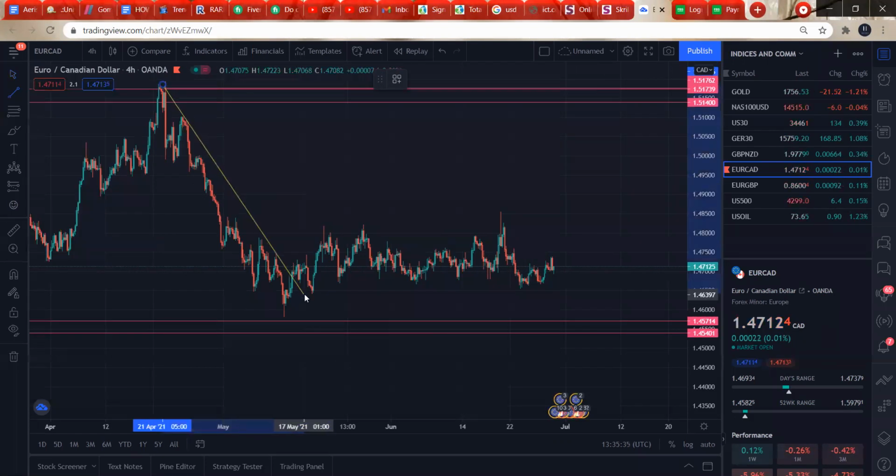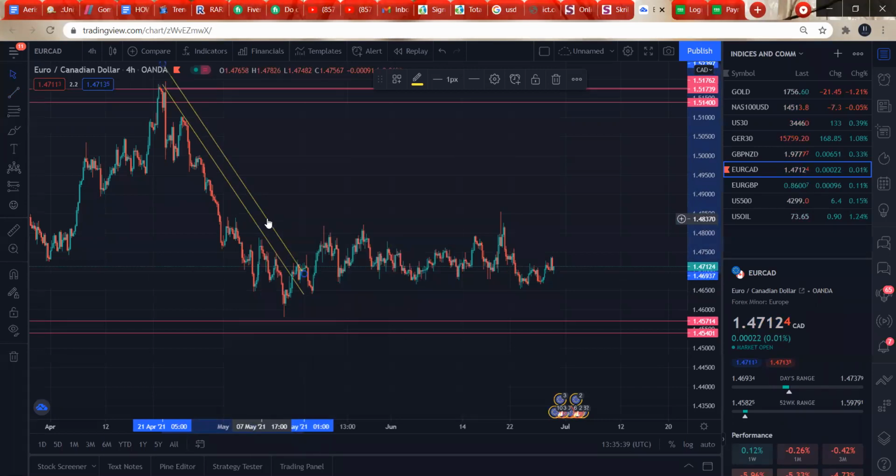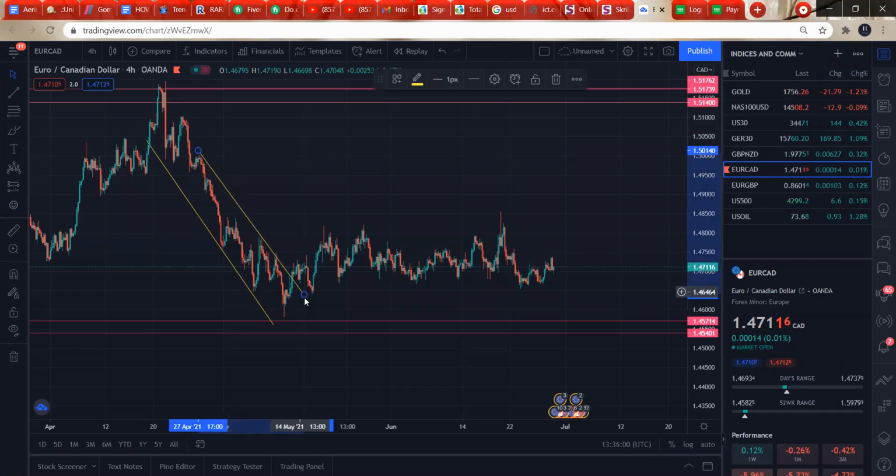My trend line, clone. I have this. My 1, 2, 3 touches are satisfied, or I can start it from here to there.